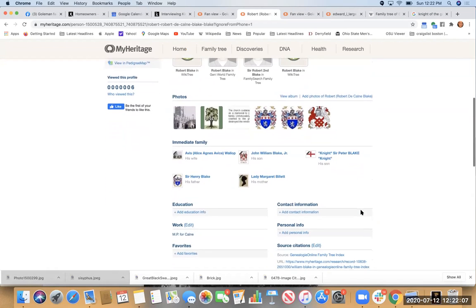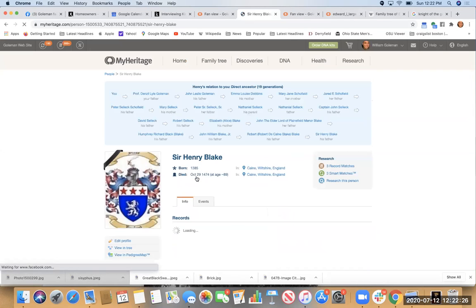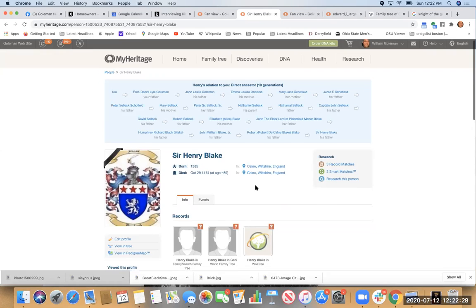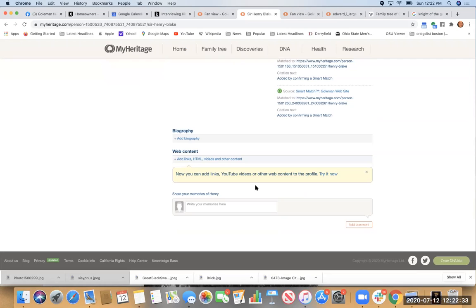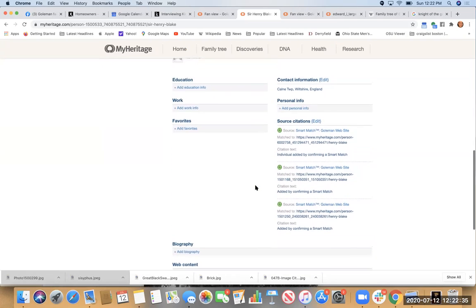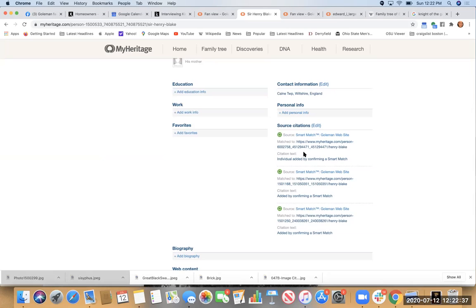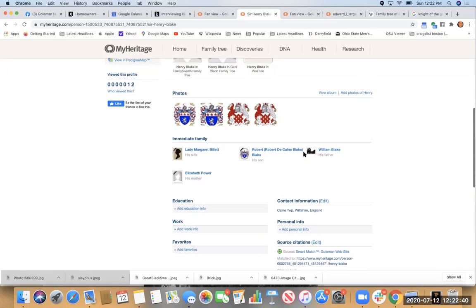And it turns out that his father, Sir Henry, or his son, was also knighted, Sir Peter Blake, and his mother was a Lady Margaret, and his father was also knighted. So now we're starting to get into several of these where they were knighted, and you start to see a lot of citations and articles.